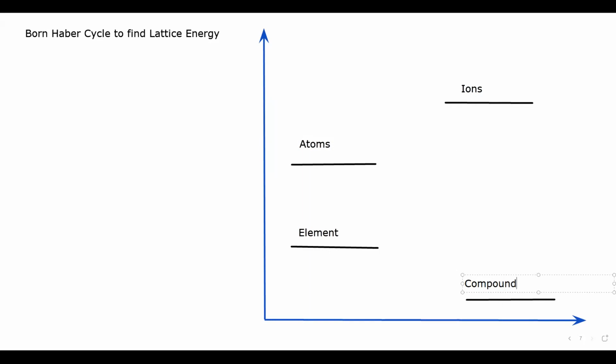How does it work? First, elements can form atoms. If I label this as A, what is the meaning of A? A means atomization, because when elements form atoms, that's called atomization. So A is atomization energy. Then atoms form ions.